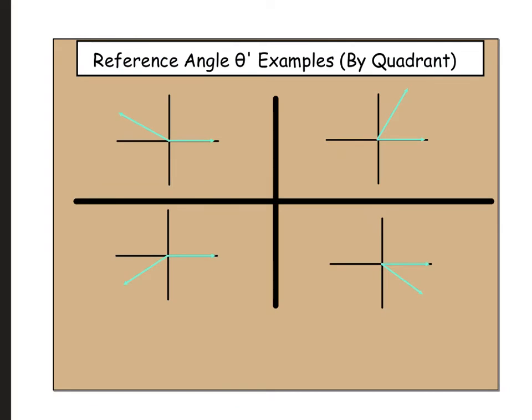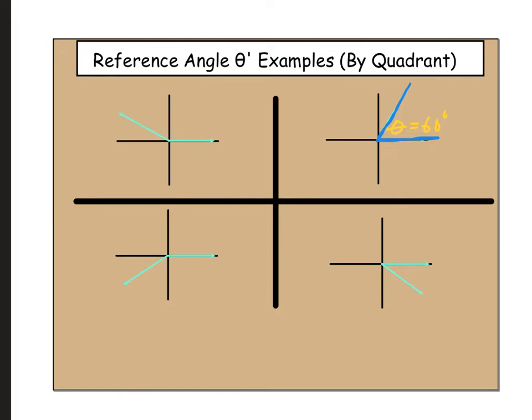So for example, let's do one in each quadrant. Let's say we have an angle, and let's give it an actual value. Let's say that angle is 60 degrees, just for fun. So that's a quadrant 1 angle. In quadrant 1, you don't need to use a reference angle because the angle itself is its own reference angle.